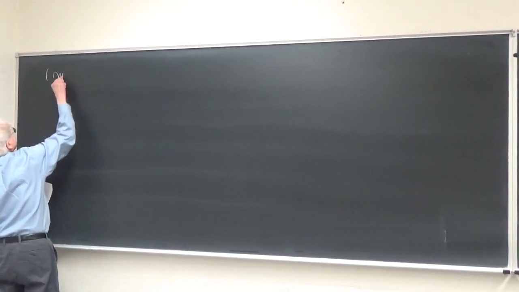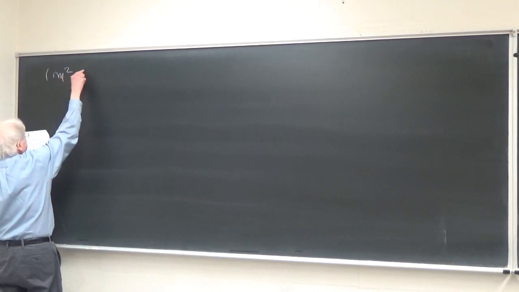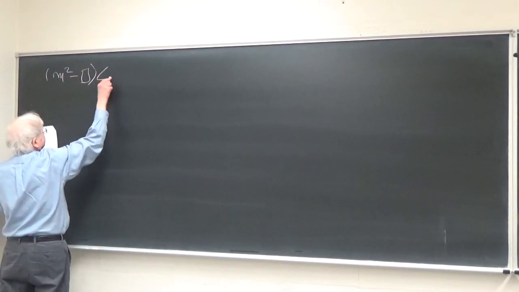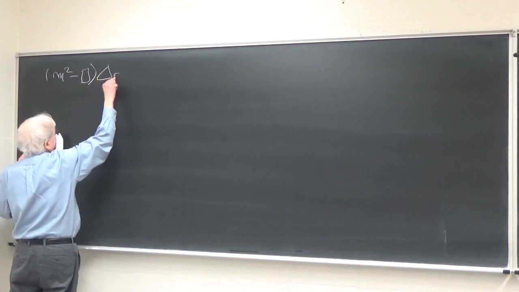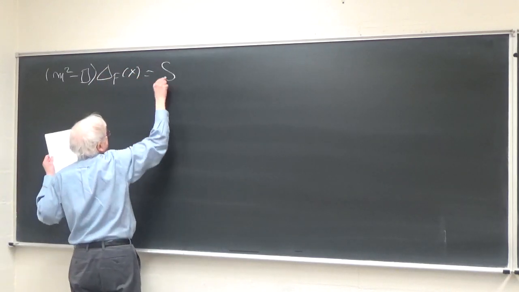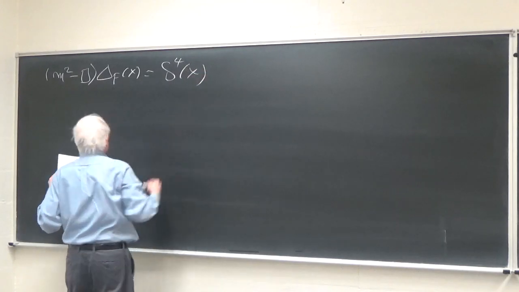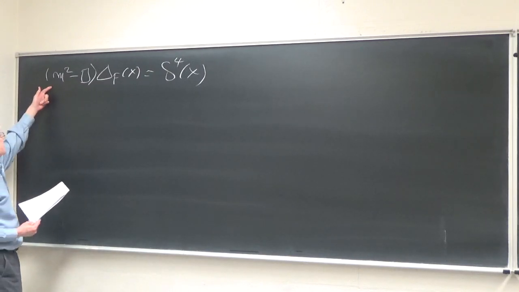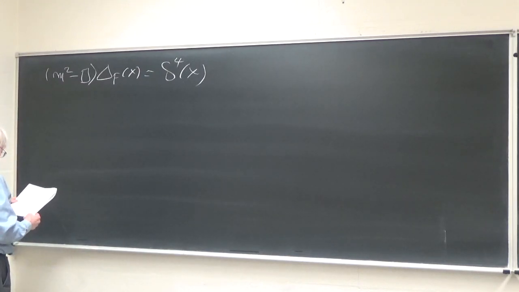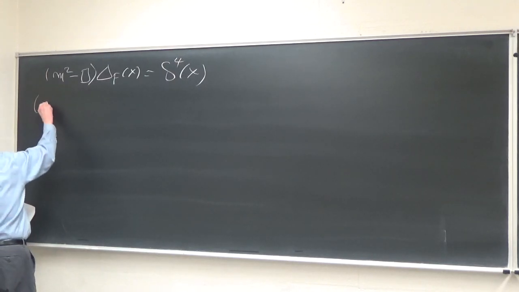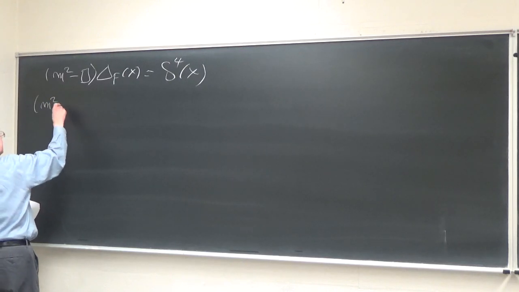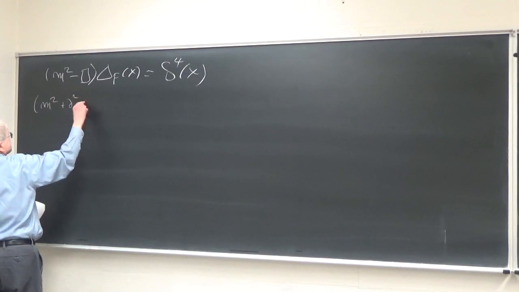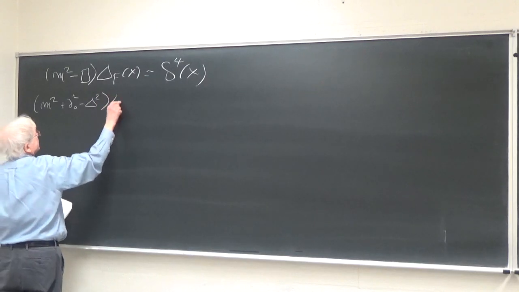What we're talking about is Delta F, the Green's function for this operator, which would be m squared plus d0 squared minus grad squared.